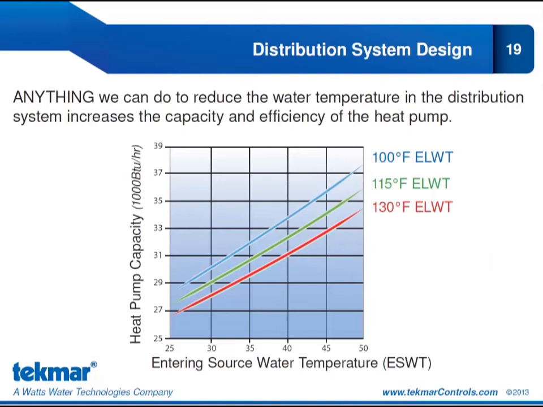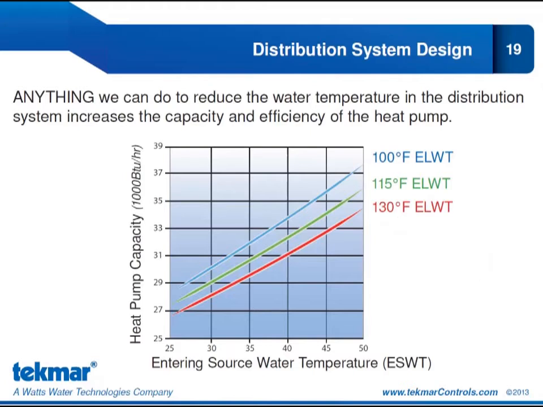Anything we can do to reduce the water temperature in the distribution system is going to increase the capacity and the efficiency of our heat pump. So here we have another graph where on the left-hand side we can see the heat pump capacity, and that's in thousands of BTU per hour. On the bottom axis we have our entering source water temperature, ESWT. And we're showing three different entering load water temperatures, 100 Fahrenheit, 115 Fahrenheit, and all the way up to 130 Fahrenheit.